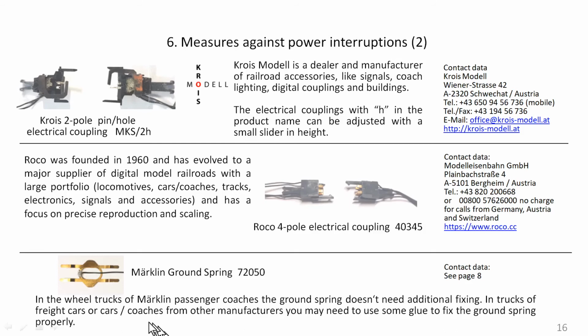Here is again one more photo of a ground spring which is to be mounted in the wheel trucks of the passenger coaches or freight coaches, and sometimes you have to glue them in there, depending on which supplier you just have in front of you. There's of course one disadvantage which I must mention using electrical couplings.